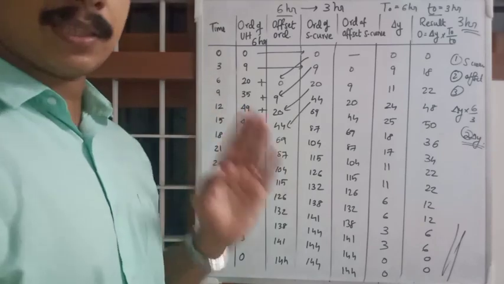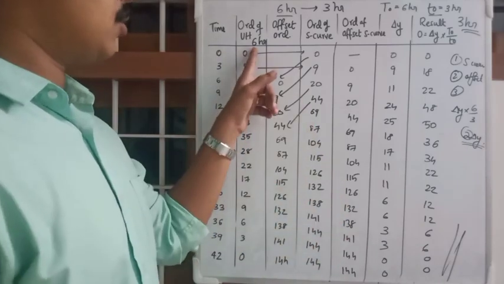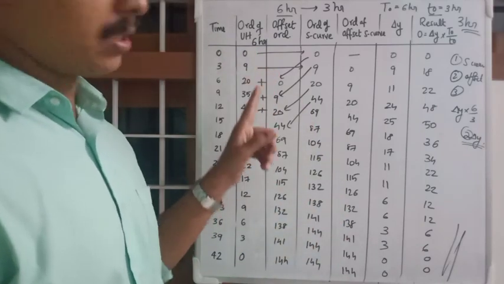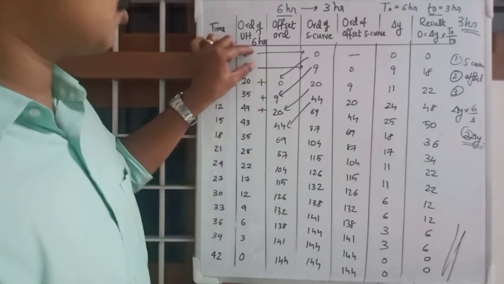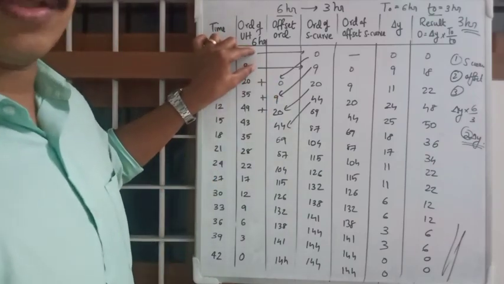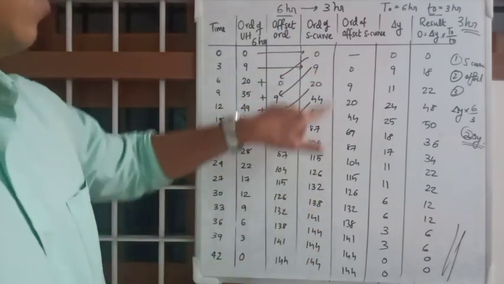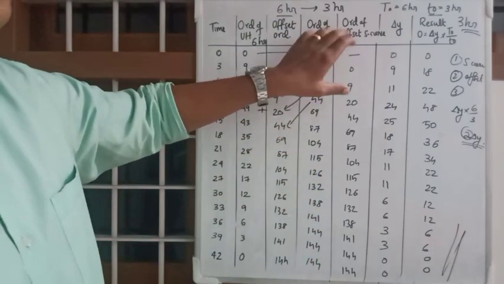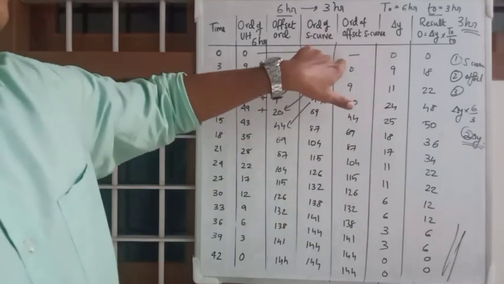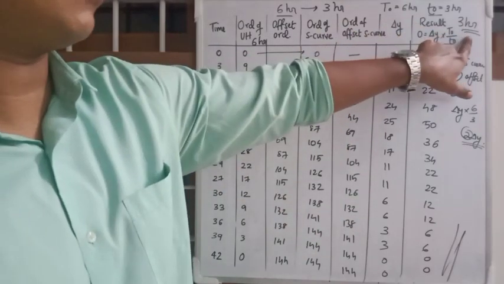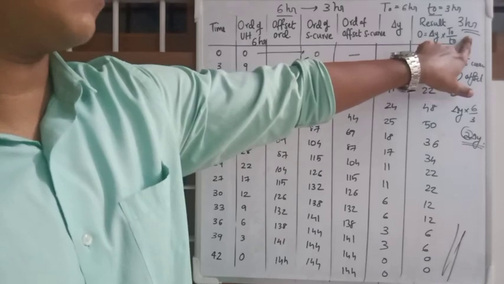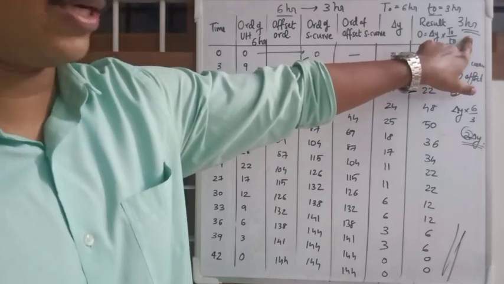The interval was 3 hours and the unit hydrograph was of duration 6 hours. So 0, 3, 6, you chose 2 rows. We found the ordinates of the S curve, and at this point we lagged only 1 row because the result we want is a unit hydrograph with 3 hour duration.